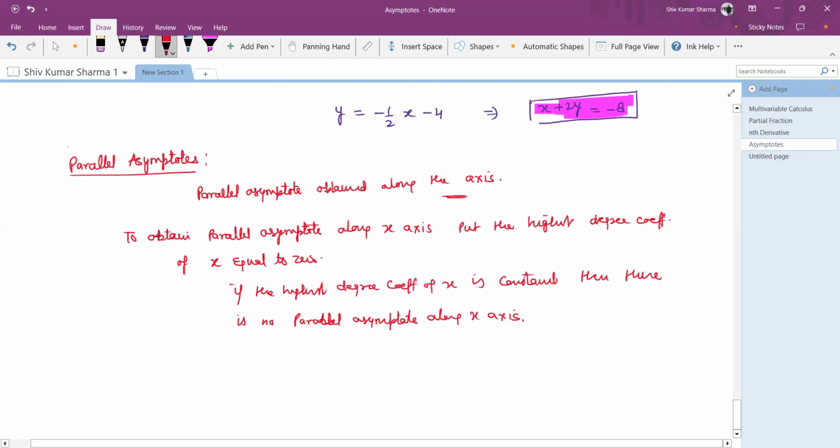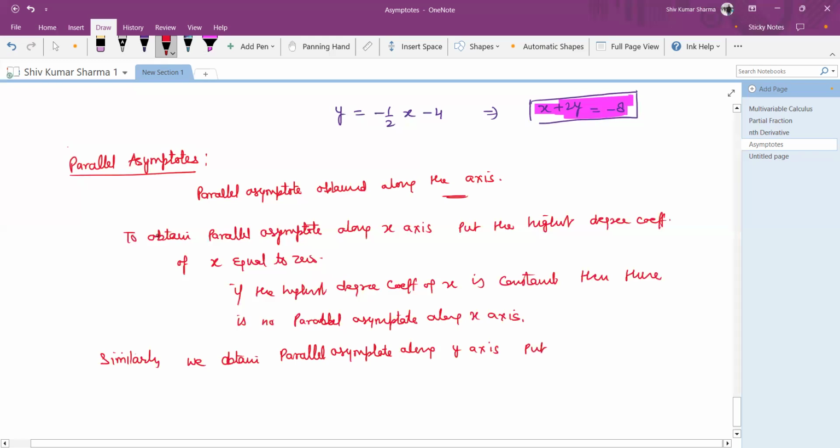Similarly, we obtain the parallel asymptote along the y-axis.